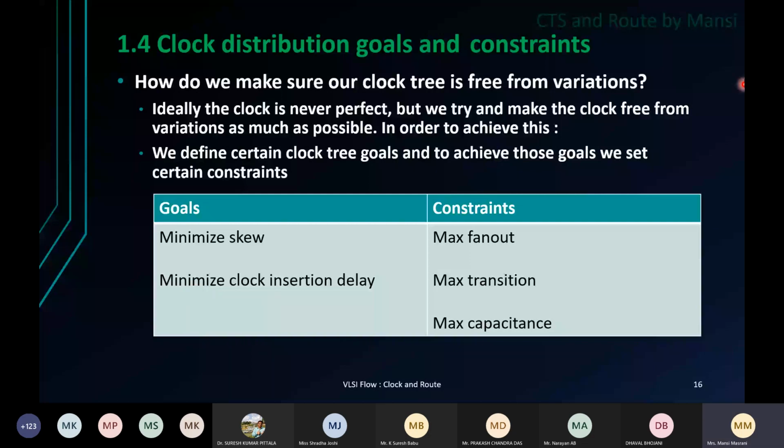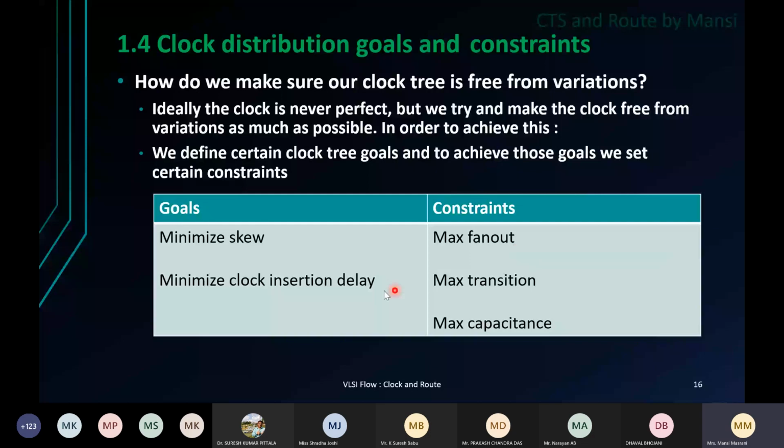I try to reach my clock from the PLL to this block with the minimum number of buffers required and the highest metal layer to make it free from clock variation. Because if it is going through a long buffer chain, by the time it reaches the design, the clock itself will have so much disturbance in it that it's not going to work well for my design. That is why minimizing clock insertion delay is important.